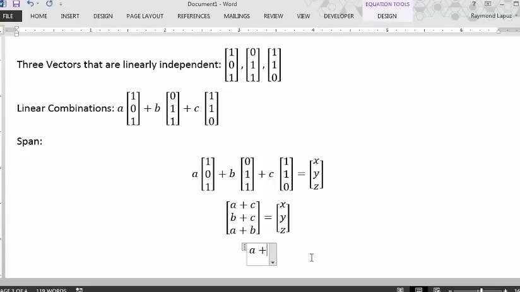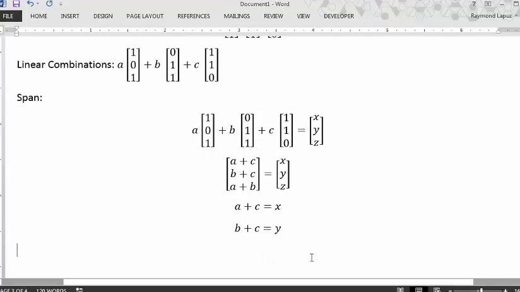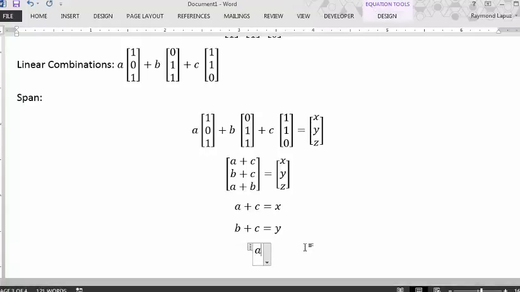So a plus c equals x. B plus c equals y. And then a plus b equals z.